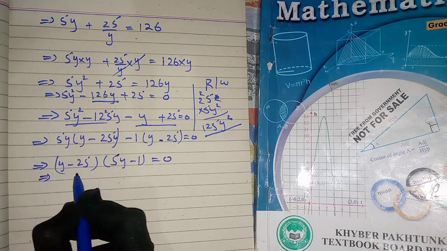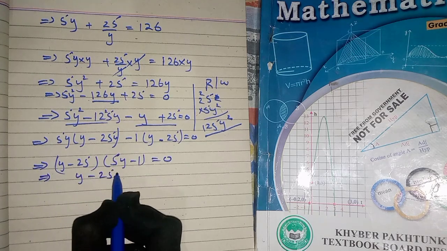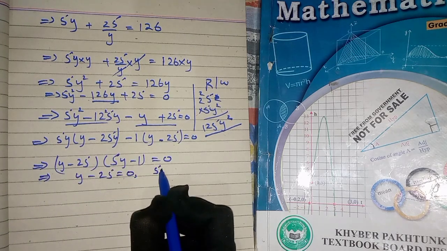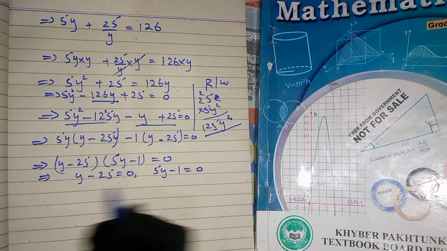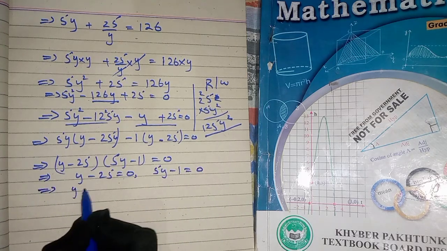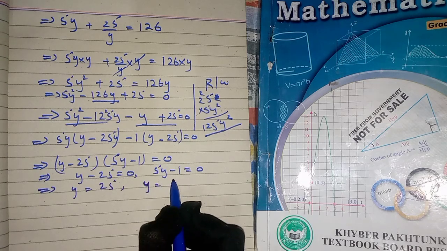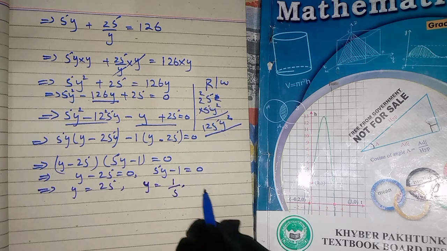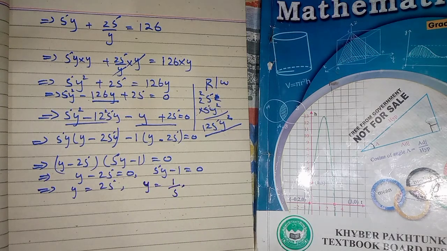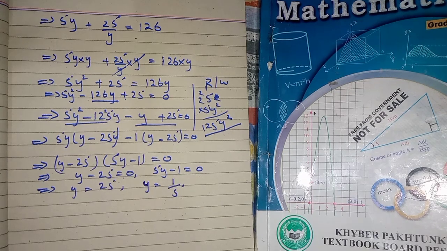We can write as y minus 25 equal to 0 and 5y minus 1 equal to 0. Y equal to 25 and y equal to 1 by 5. Now we again put y equal to 5 power x.